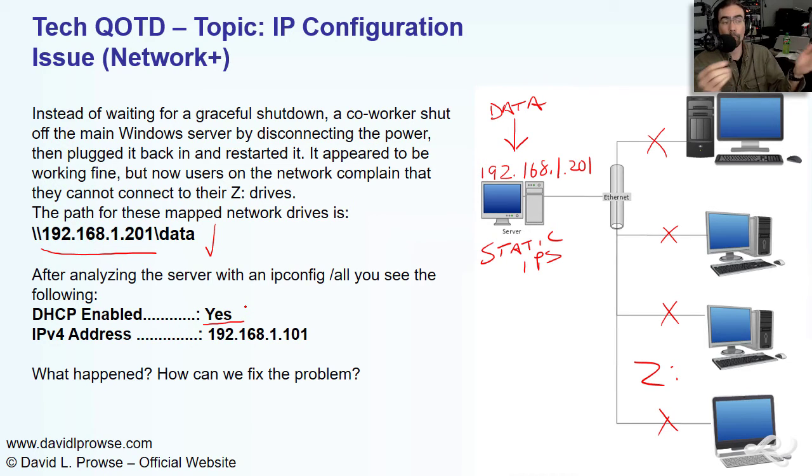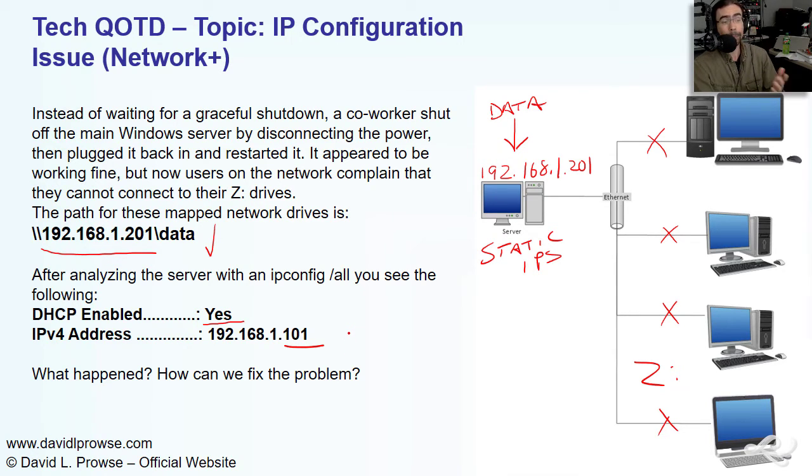We don't know what or where, but it's getting .101. You see this kind of thing all the time. It's like, wow, that's coincidental. No, actually it's not, because it just happens this way sometimes. Perhaps that was the first IP in the IP scope of whatever device is handing out IP addresses.